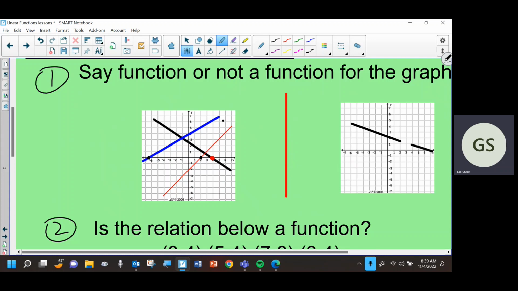For the y-intercept, I will never go left or right because I'm always going to a point that's on the y-axis. That's the definition of a y-intercept. I'm touching the y-axis, so I'll never have to go left or right. So the first number is always 0. So this point here would be (0, 4). This would be (0, 2.5) or something like that. This would be (0, -2). So your first number is always 0.